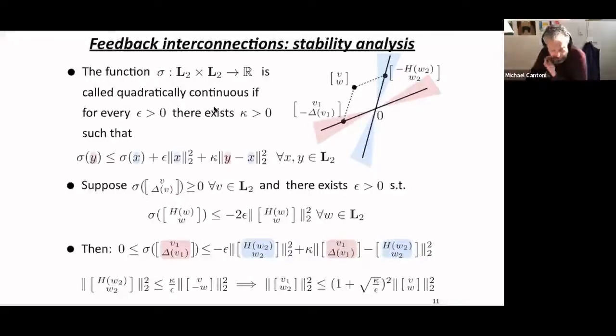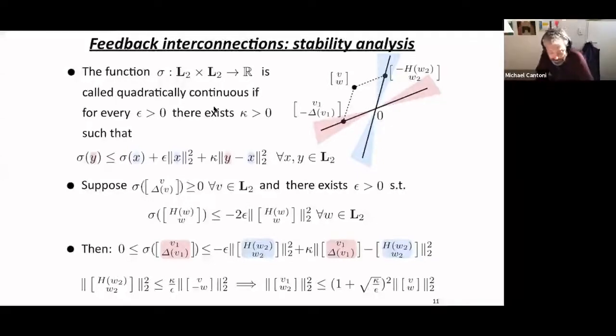Now, if we know that the feedback interconnection of H and delta is stable, then we can derive from these two conditions a bound on the gain from the exogenous inputs to the internal signals.